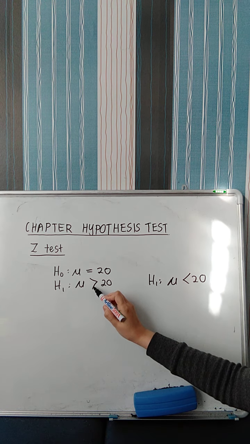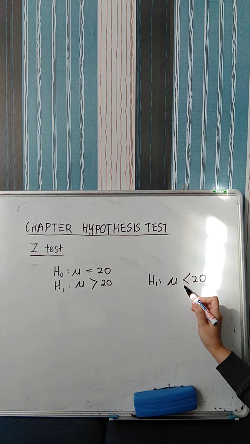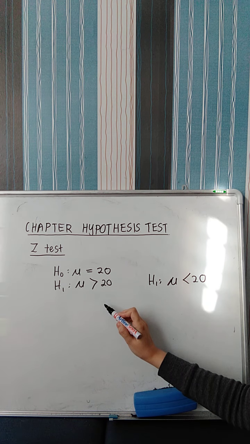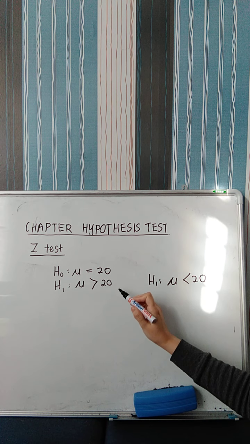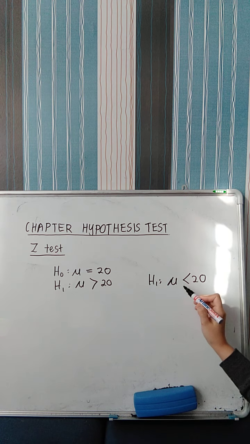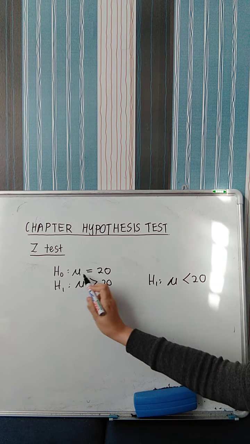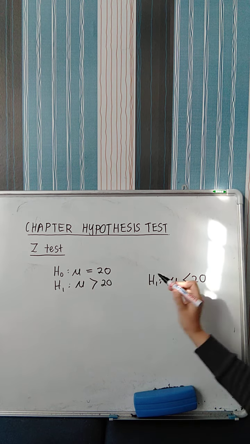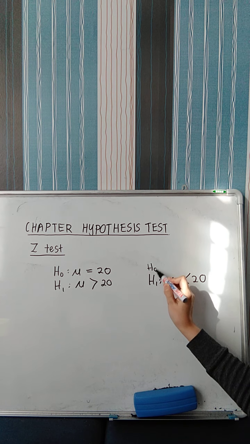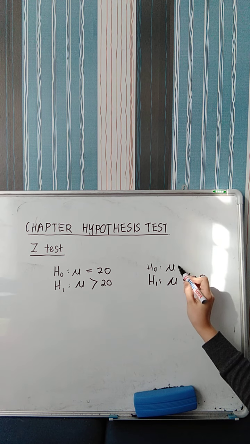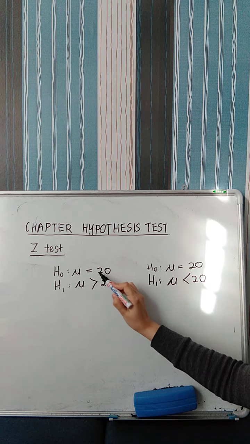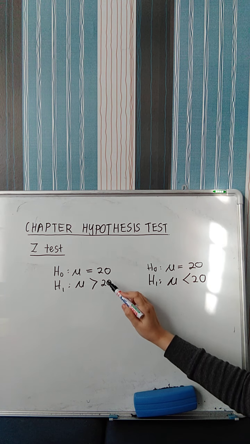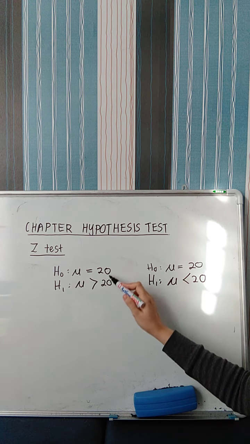To identify more than or less than, you may refer to the question. It is mentioned in your question. But the H0 must be equal. I just give the example equal to 20, but in the question the value is given to you.